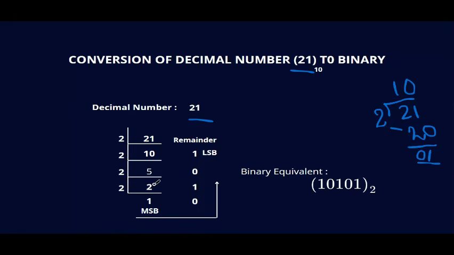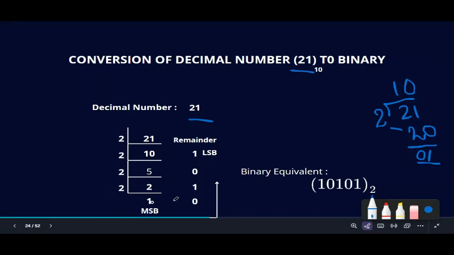In this case the quotient is 2 and the remainder is 1. Next we again divide this 2 by the base 2. So we get the quotient 1 and remainder being 0. The further division of 1 by the base 2 is not possible, so we stop here.